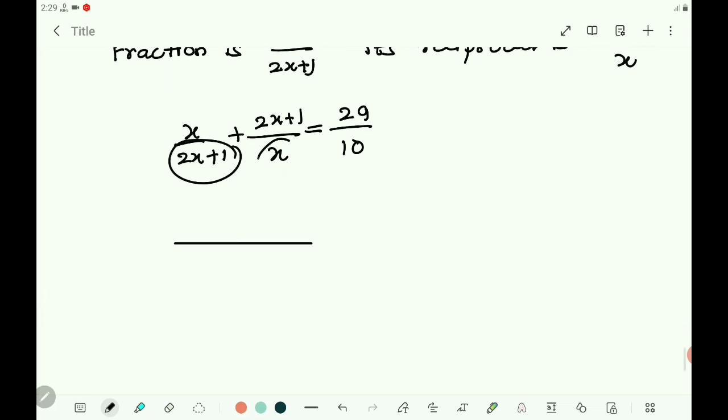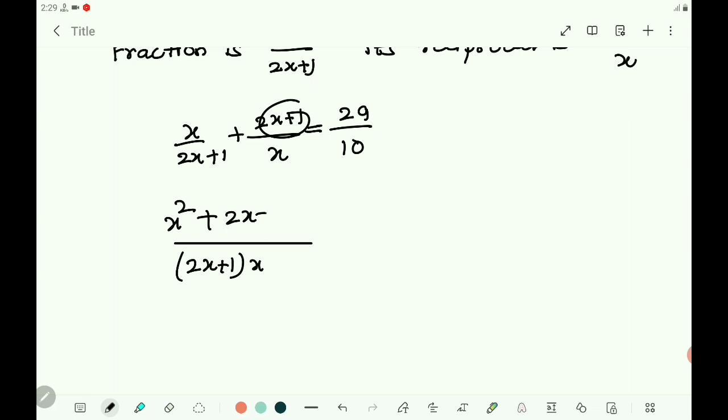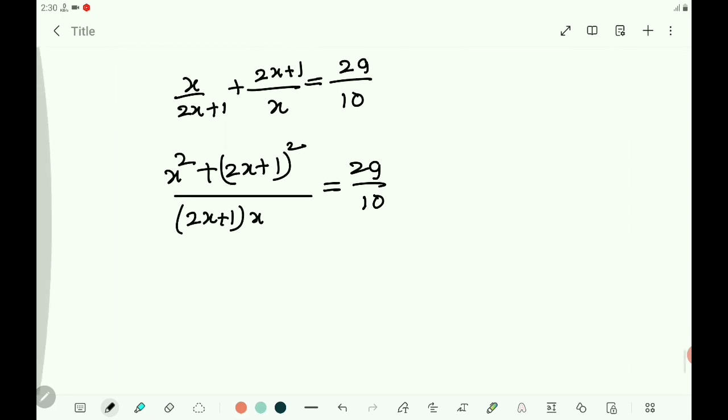The LCM is the product of these two, 2x plus 1 into x. The numerator is x square plus 2x plus 1 whole square. The RHS is 29 by 10.